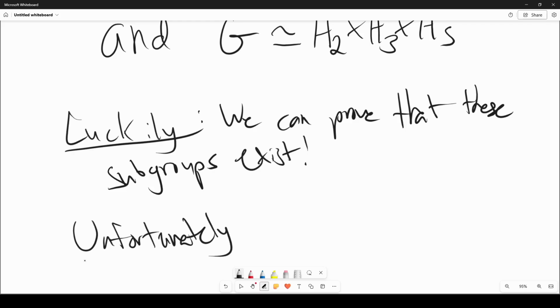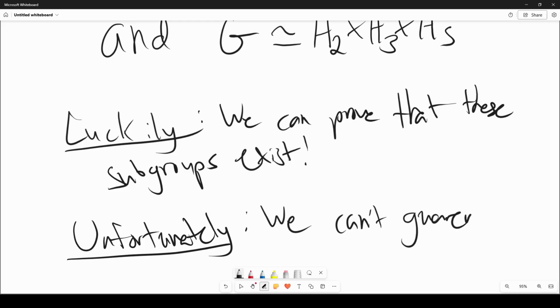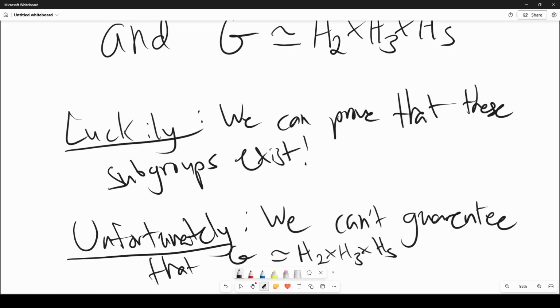Unfortunately, we can't guarantee that G is isomorphic to H2 cross H3 cross H5. So this is kind of unfortunate. You might imagine, there's many different kinds of groups that have order 120.